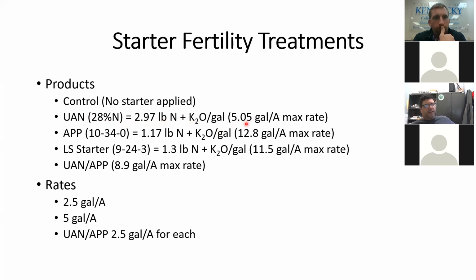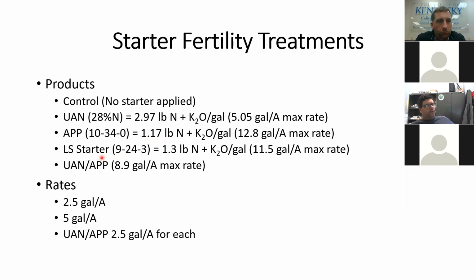If you calculate that out based on our 15-pound recommended max, we can put down about 5 pounds per acre in furrow. Ammonium polyphosphate, 10-34-0, lower salt index, but about 1.2 pounds of N plus K2O. We could get up almost 13 pounds or gallons per acre with that product.